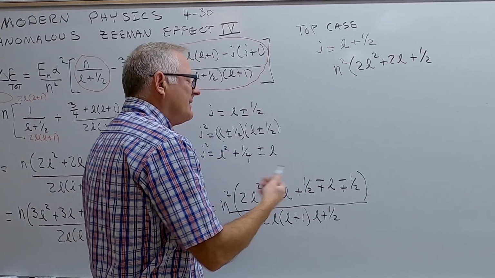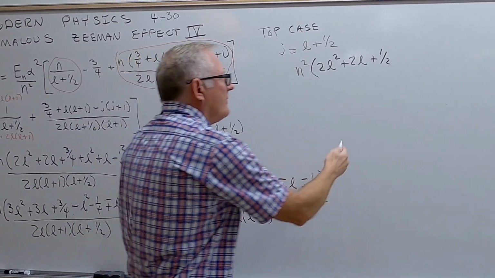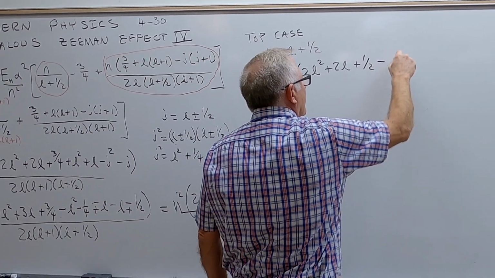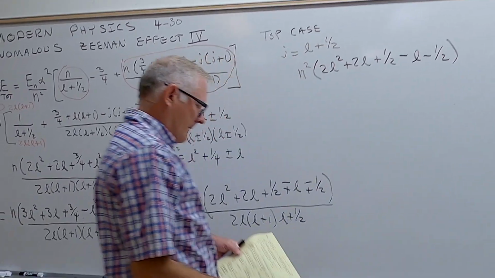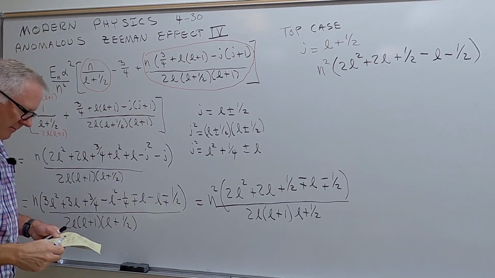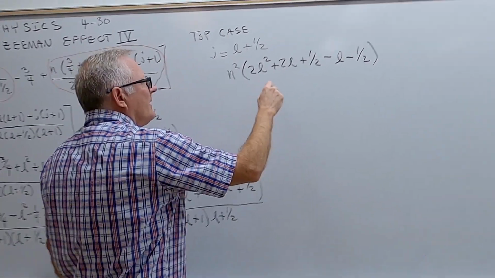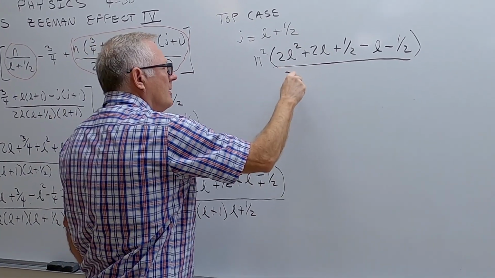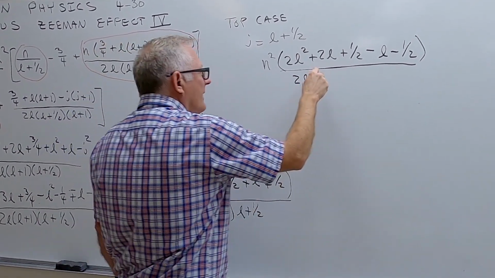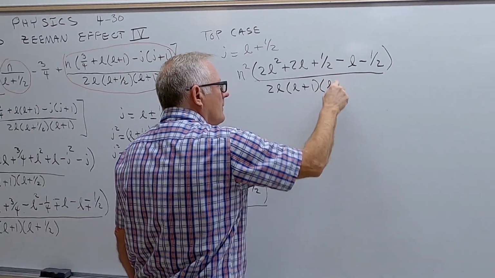And now we're taking the top sign, minus L minus a half, all over 2L, L plus 1, L plus a half.